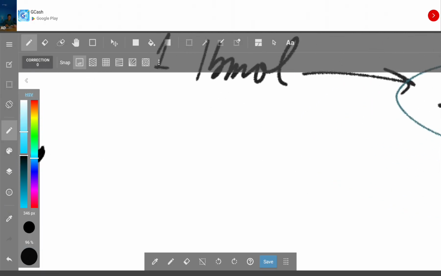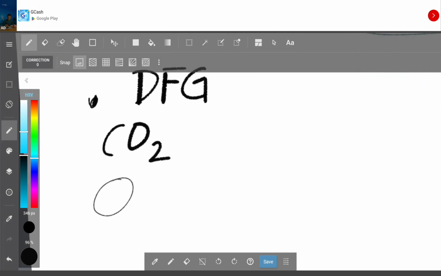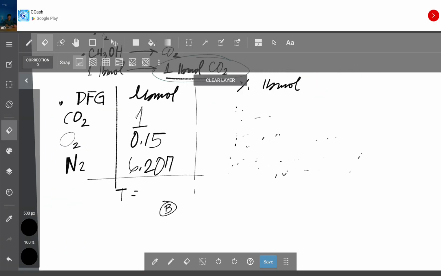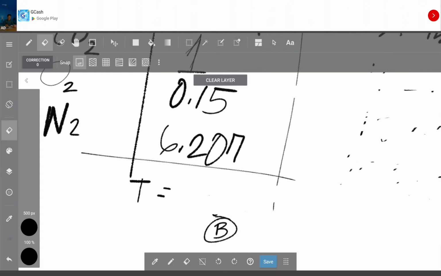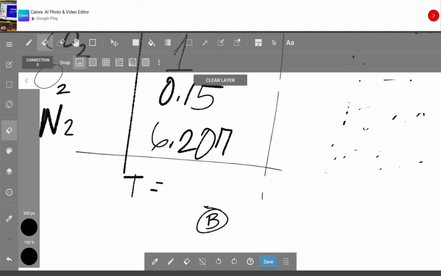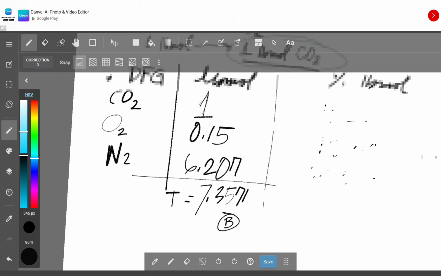So we can do our Orsat analysis now. The components are CO2. Sorry, I was about to write water. O2 and N2. Okay. So our total is 7.35714, blah, blah, blah. I'm going to store that.